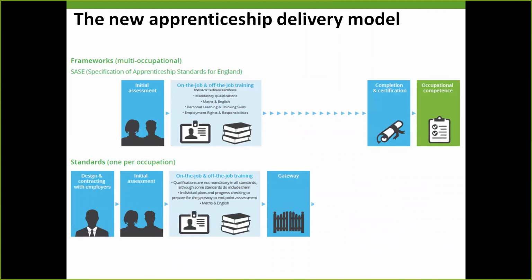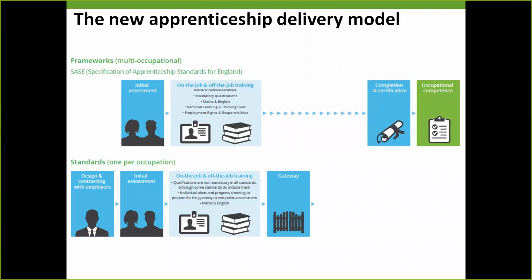Within the context of the 12-month programme for customer service practitioner or 15-month programme for customer service specialist, you have a dedicated period of time where you will teach learners the skills, knowledge and behaviour of the specific standards they are working towards.